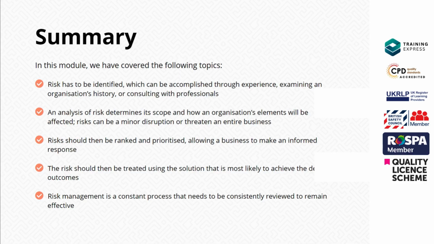Risks can be a minor disruption or threaten an entire business. Risks should then be ranked and prioritized, allowing a business to make an informed response. The risk should then be treated using the solution that is most likely to achieve the desired outcomes. Risk management is a constant process that needs to be consistently reviewed to remain effective.